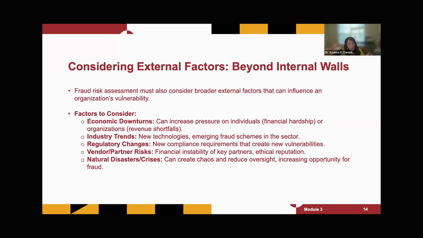And then vendor and partner risks, financial instability of key partners and our ethical reputation related thereto is very important. So when we don't do full quality assurance on the vendors with whom we partner to procure the products and services that we're delivering to our end users, and that quality assurance lack creates some sort of risk or vulnerability in our process, because that vendor may also be unable to fulfill their own duties and obligations under the contract, then we've got a serious issue that might need to be addressed.